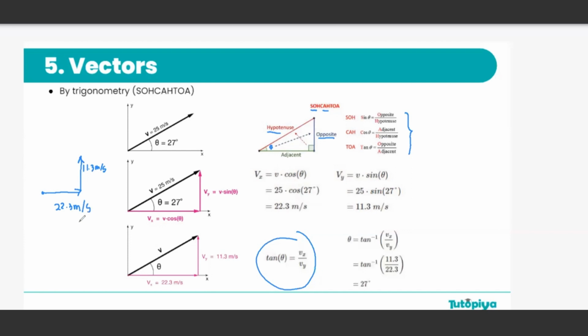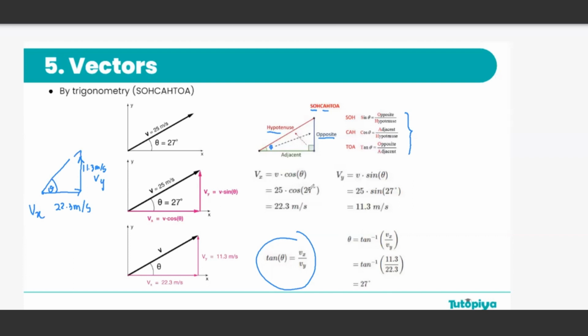Now, we need to represent these two velocities in terms of these sine, cos, and tan. We have already marked the theta. At the beginning, what we don't know is theta. Now, the reason we are going to do this is to find this theta. We'll call this Vx and we'll call this Vy.